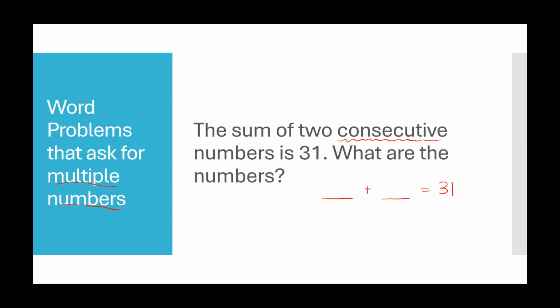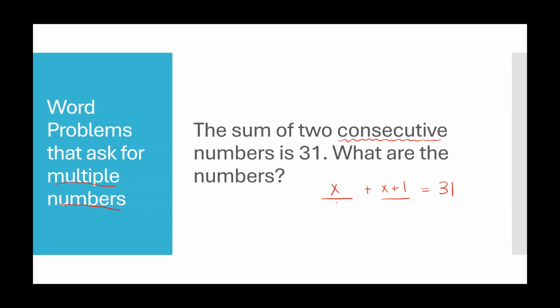We're just going to decide what the first number is, and pick a letter. Any old letter, it doesn't matter. I'm going to say it's x because we always use x. My next number that comes consecutively after x is just x plus 1. It's one number larger. So what I'm saying is x plus x plus 1, the next number, makes 31.